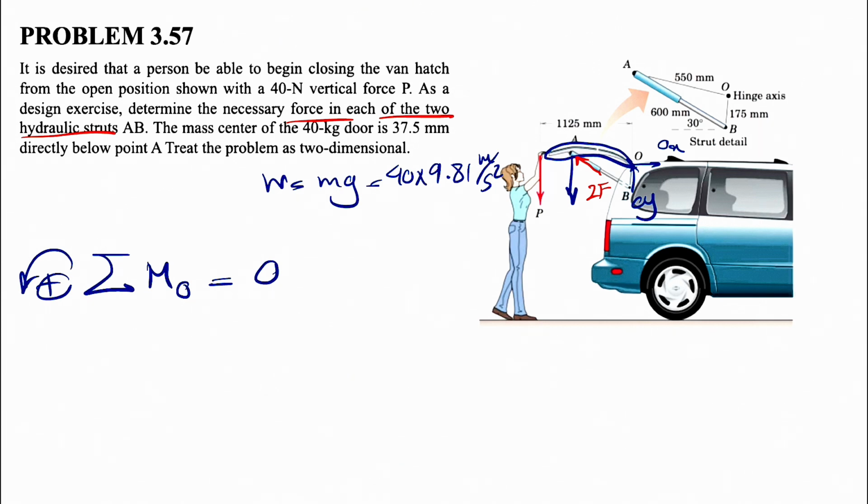So we're going to use the 2D shortcut that we discussed over and over in this channel, and for that we need to find some information about some of the angles in here. We can see a higher magnification of the hydraulic strut in here, and this is our force 2F. For finding the moment of this force, we should be able to find some angles.